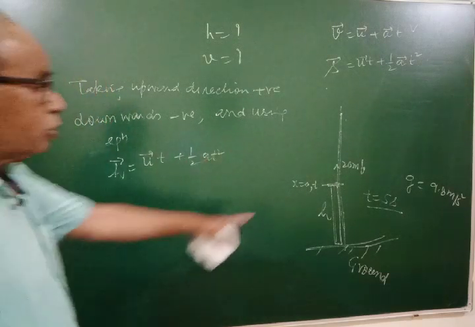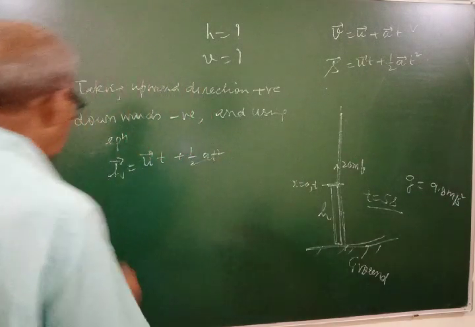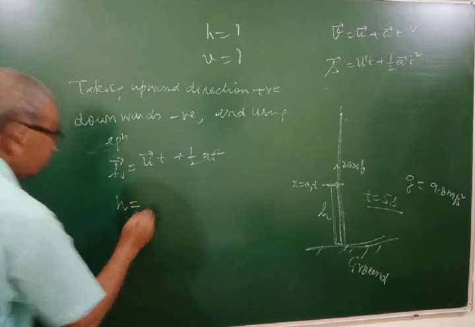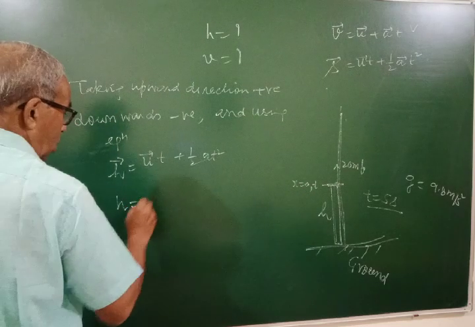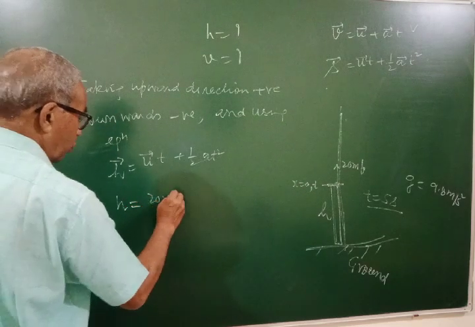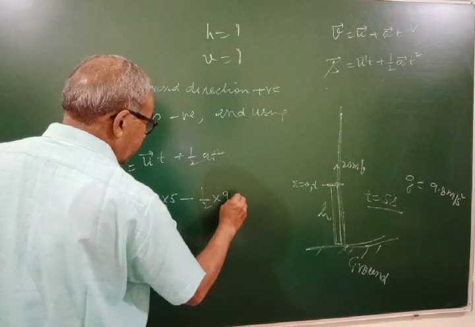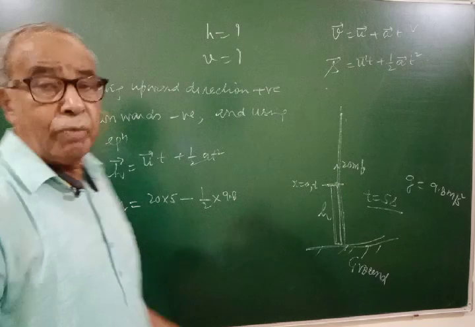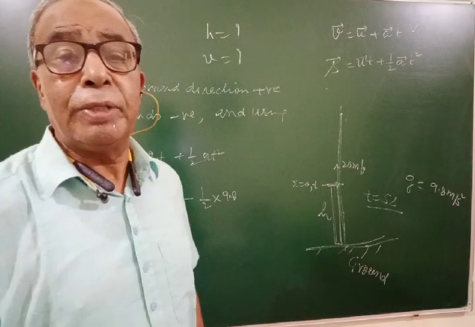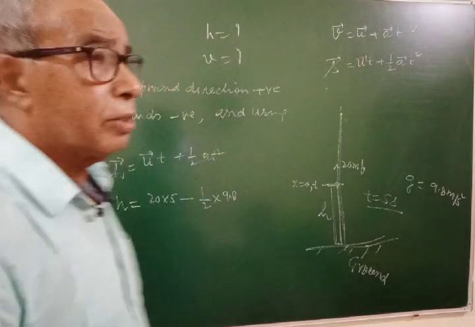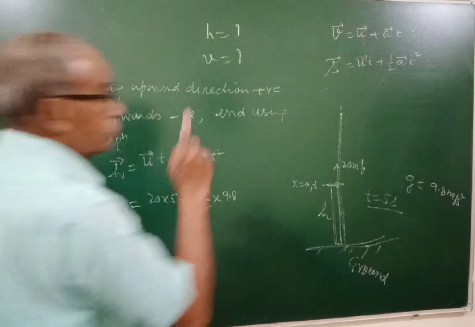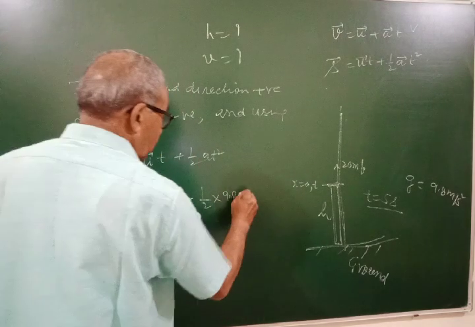The initial velocity is 20 meters upward. The displacement magnitude is 20 into 5 minus 1 upon 2 into 9.8. Why the minus sign? When we throw the ball upward, acceleration due to gravity acts downward, and therefore vector g is downward, into 25.